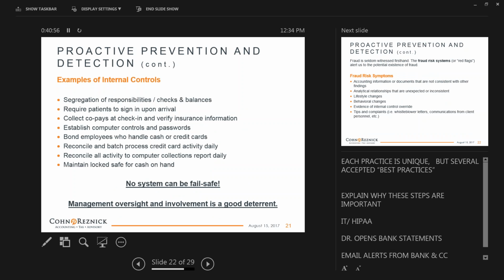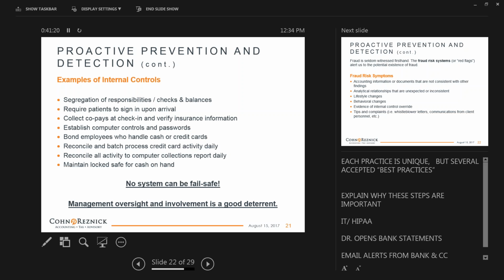And some examples of good best practices of internal controls are on the slide right now. Make no mistake, as it says at the bottom, no system can be a fail-safe system. We try to institute the best practices wherever we can, and teach management to put the right amount of oversight and involvement into each of these items.